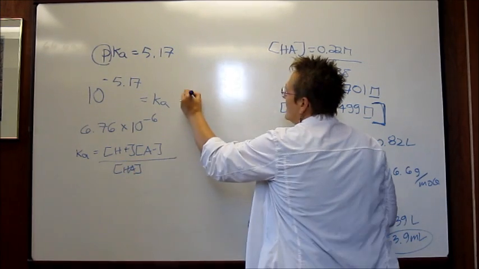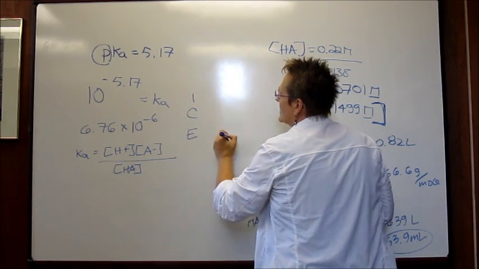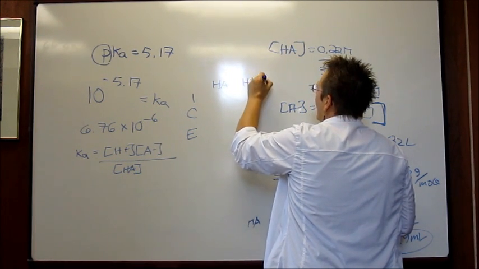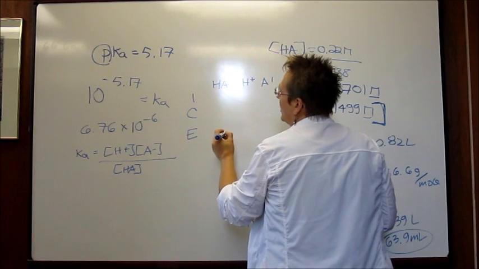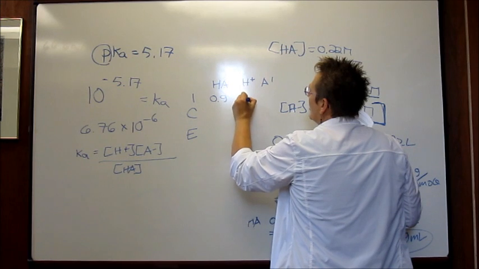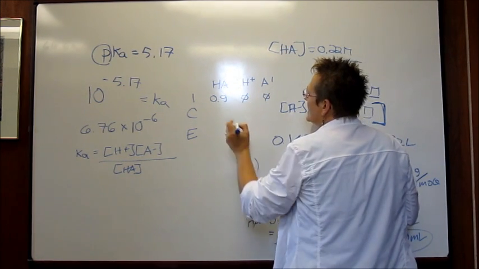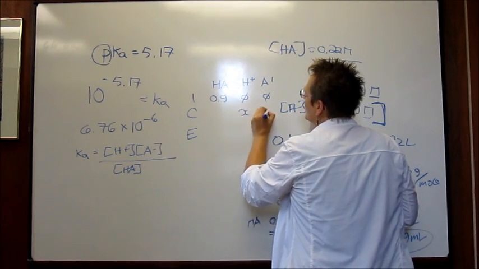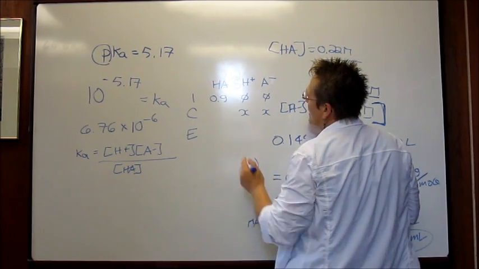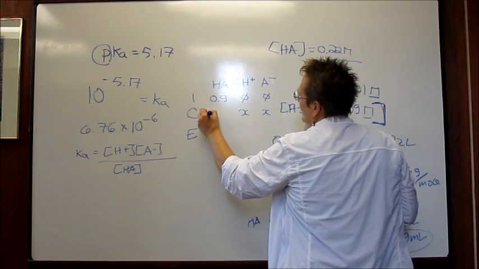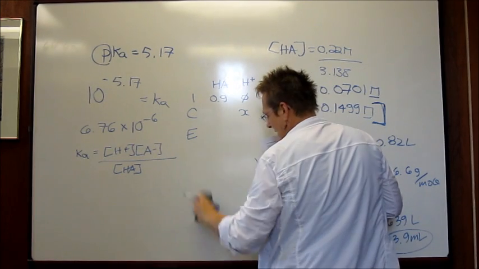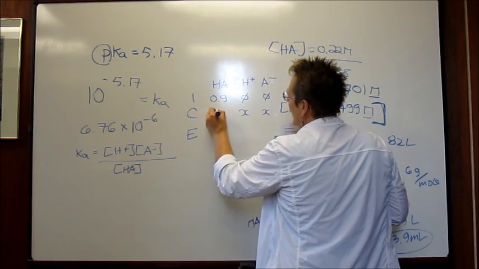If we do a little ICE table, we simply say, okay, we started off with 0.9 molar HA. Let's call this 0 and this 0. Some amount, X, dissociated into H+ and A-, and this left us with a little less HA and a little more H+ and A-.